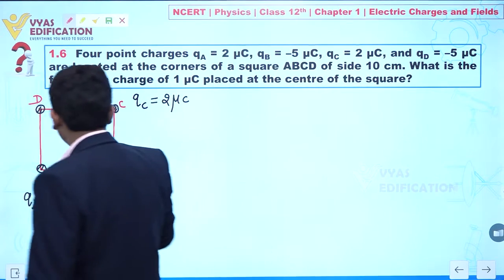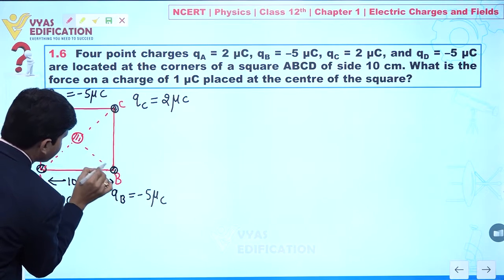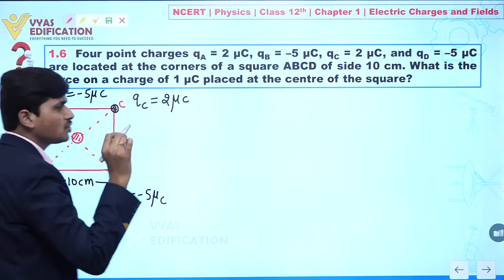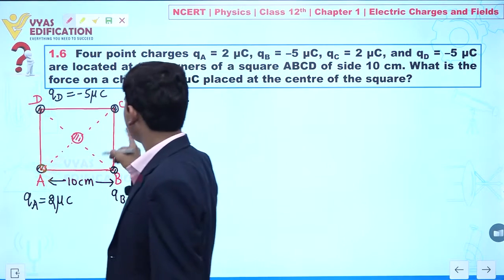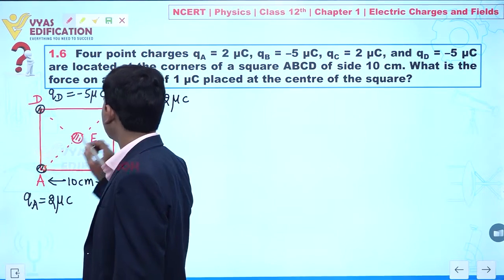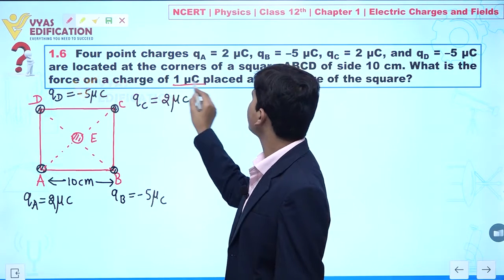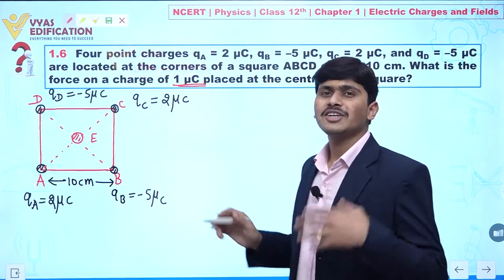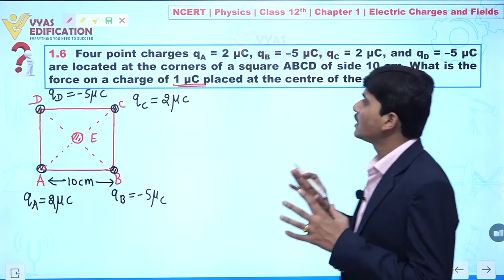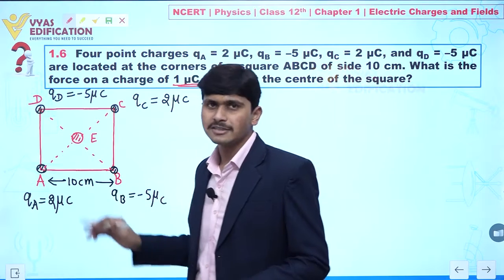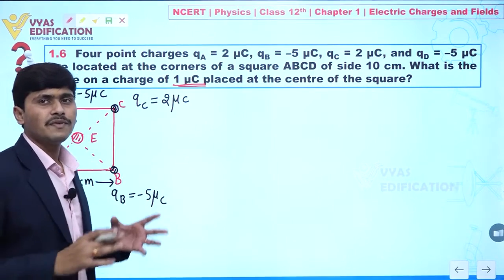Let's call this charge E, and its value is also given: 1 microcoulomb. Our objective in this question is to calculate the net force acting on this charge. First I am drawing the direction of our forces.